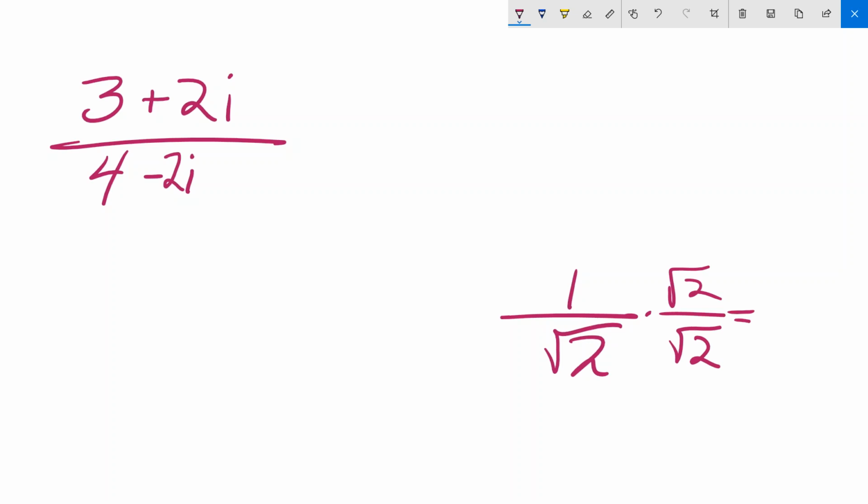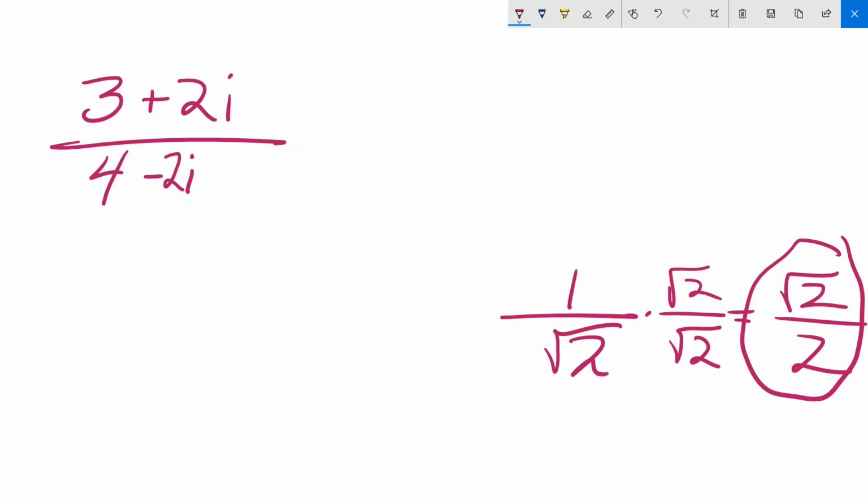And that turns it into root 2 in the numerator and 2 in the denominator. That is a satisfactory number. It's got a rational denominator. Well, when you're dealing with complex numbers, your goal is to realify. Instead of rationalize, realify. And you do it by using the conjugate.